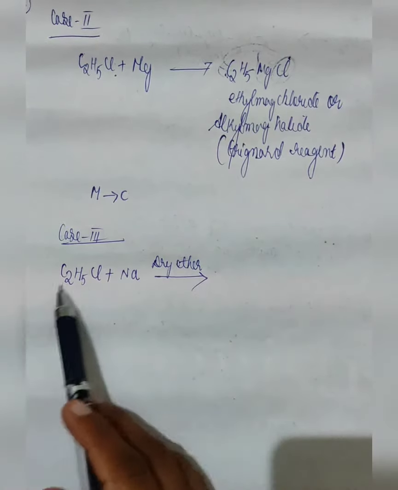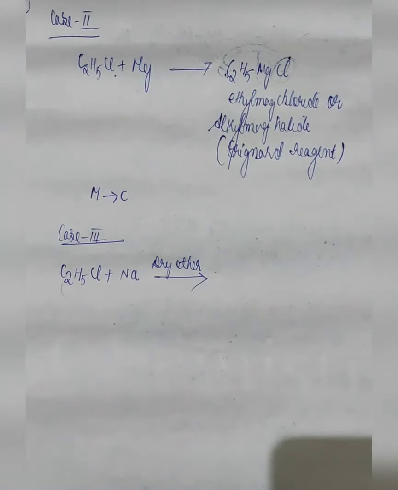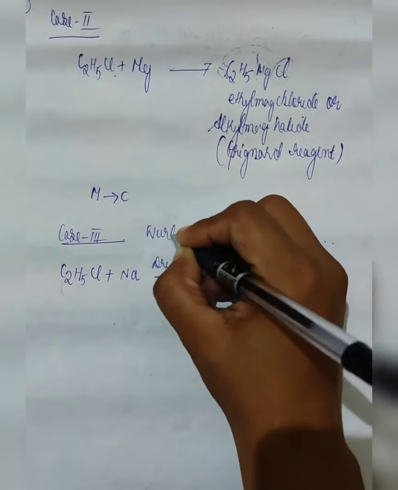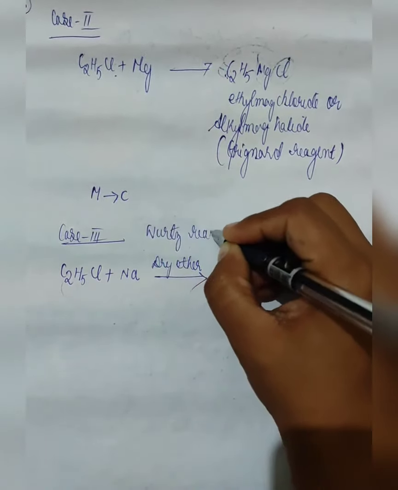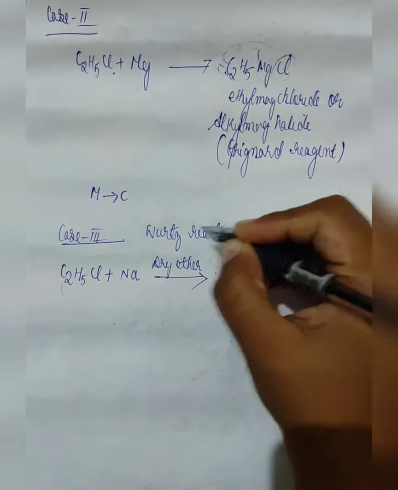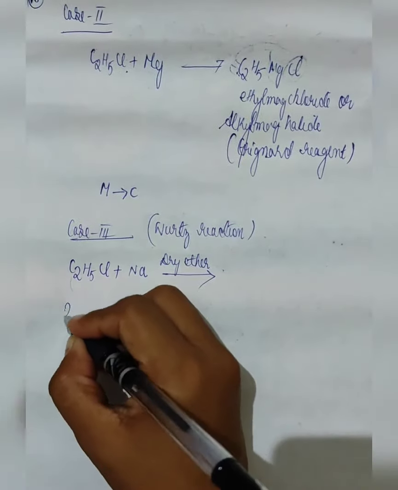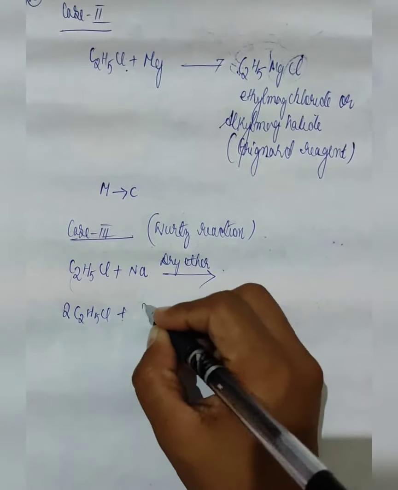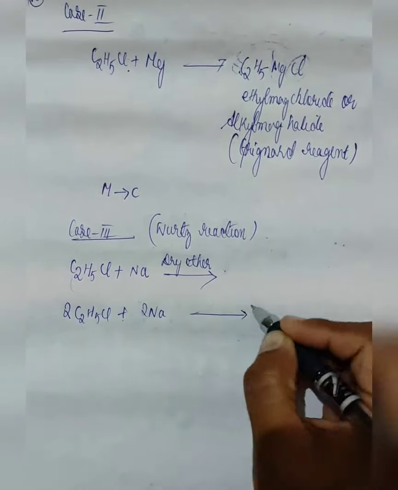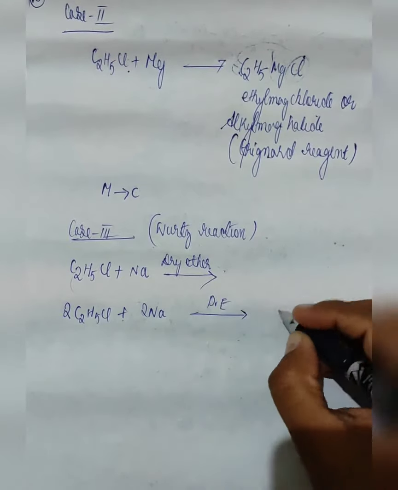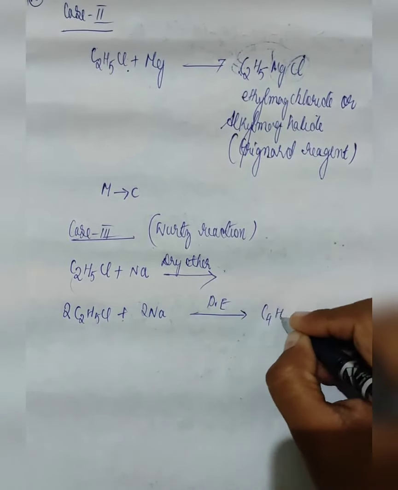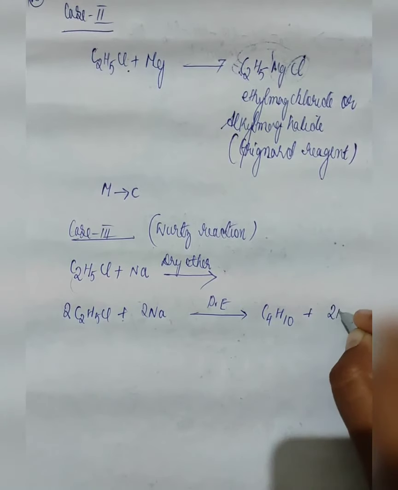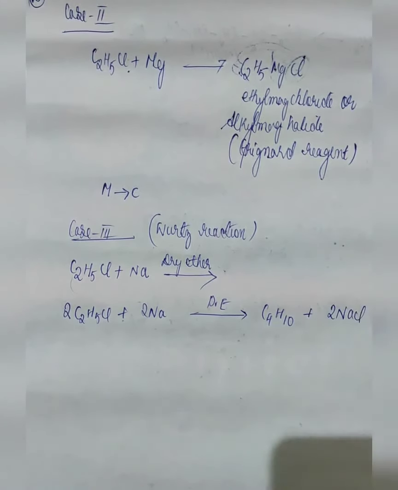Now, this reaction where alkane is formed is known as the Wurtz reaction. Suppose we have 2 moles of haloalkane, 2 moles of sodium, dry ether, we get alkane, and 2 moles of NaCl as the byproduct.